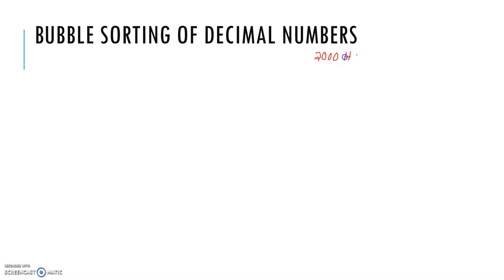Let the numbers start from 2000 hex. In 2000 hex we will enter the array length. So the length of the array is entered in 2000 hex. From 2001 hex we enter the numbers, to 2002 hex, 2003 hex.